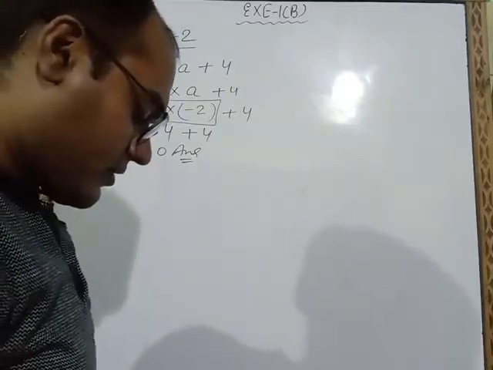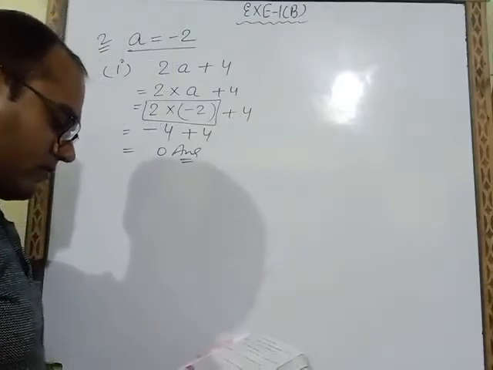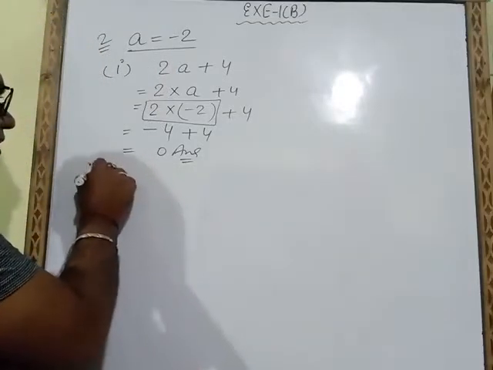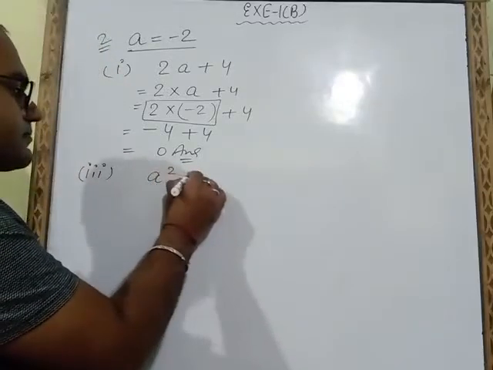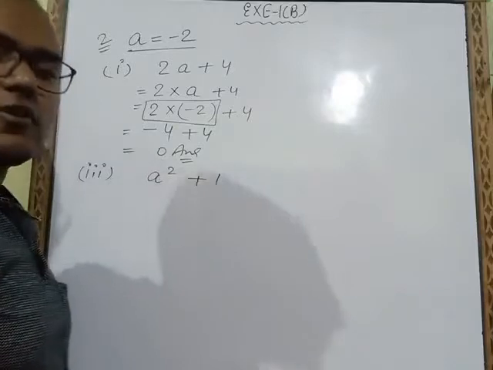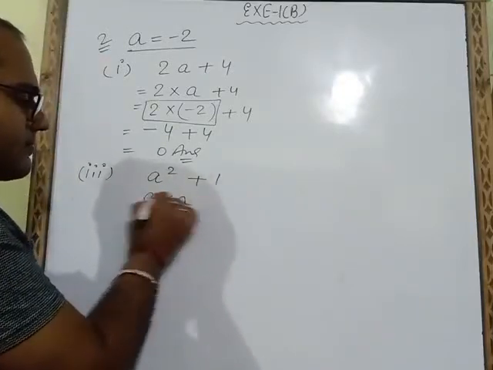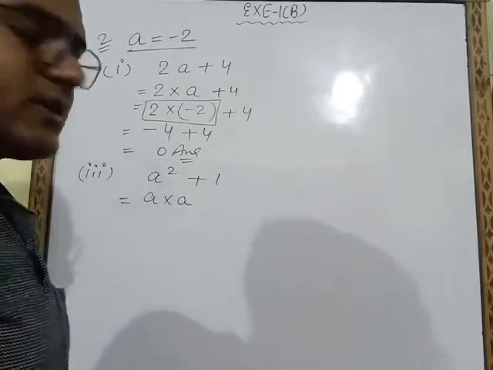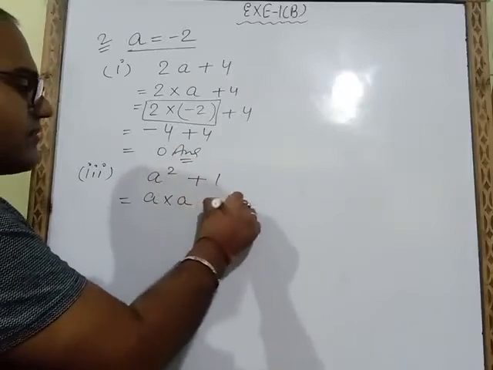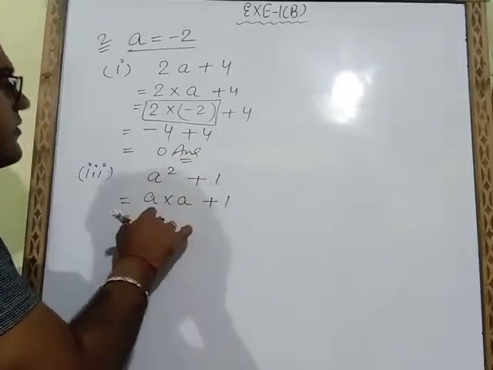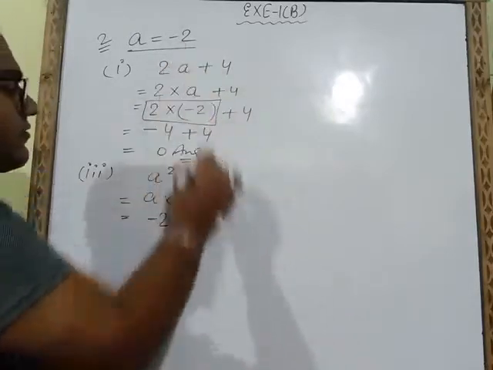Now see another part, number three: find the value of a square plus 1. First of all, a square we write as a multiply a; square means we multiply a two times. Plus 1 we write as it is. Now we put the value of a, which is minus 2, multiply again a value, minus 2.